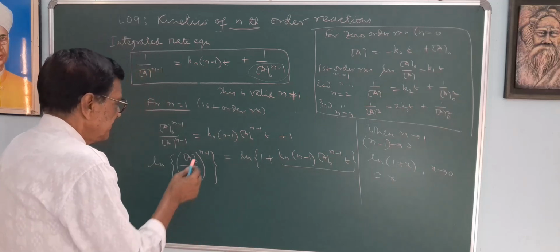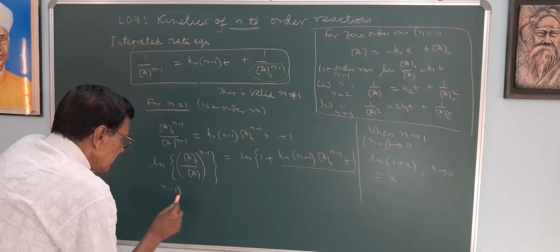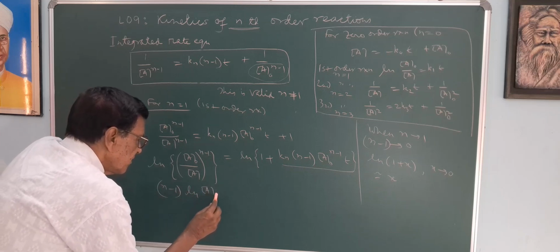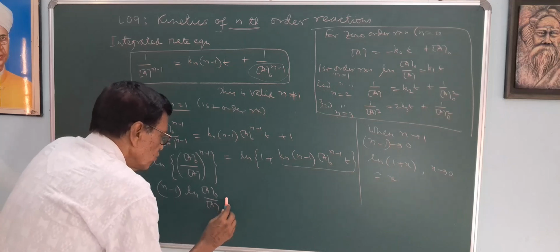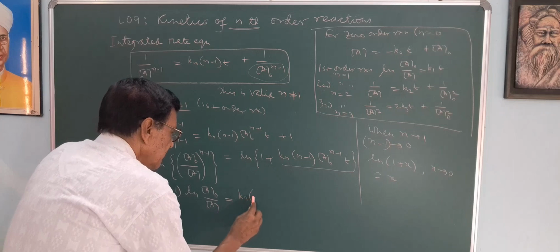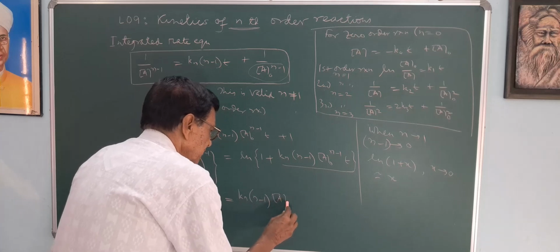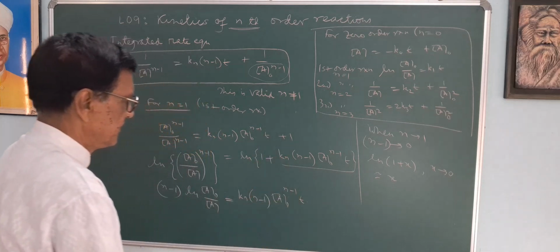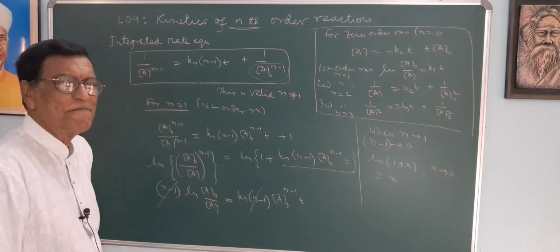So you can write, keeping n minus 1 on the left-hand side, (n minus 1) into ln of concentration of A naught divided by concentration of A equal to Kn (n minus 1) and concentration of A naught to the power n minus 1 into t only. Now you can cancel n minus 1 and n minus 1.